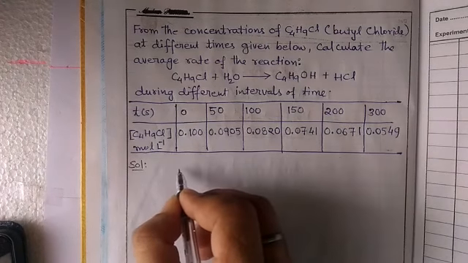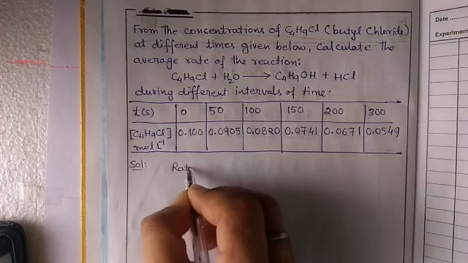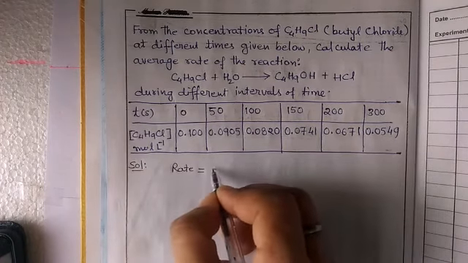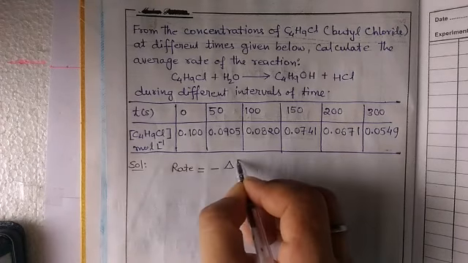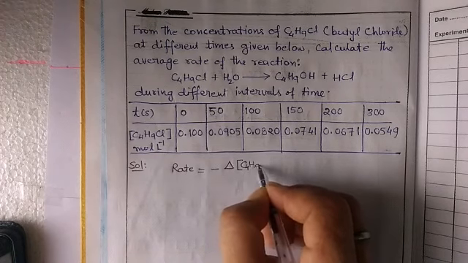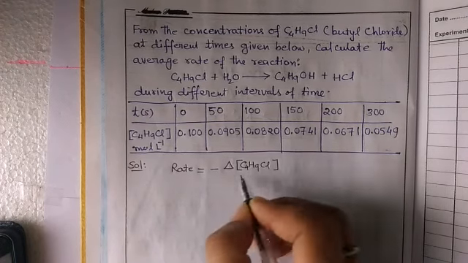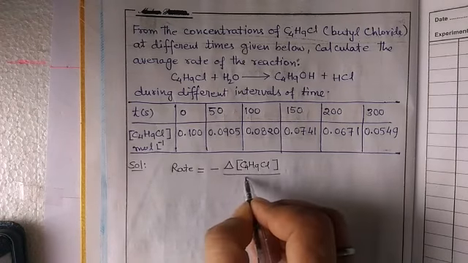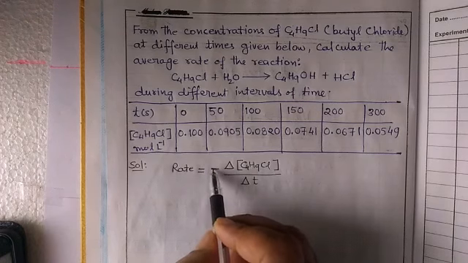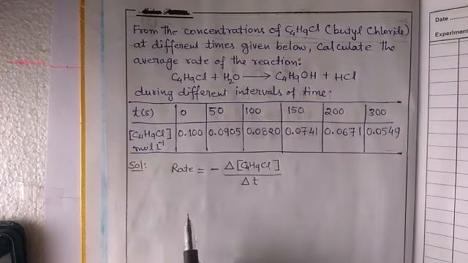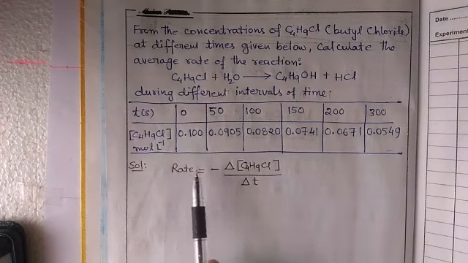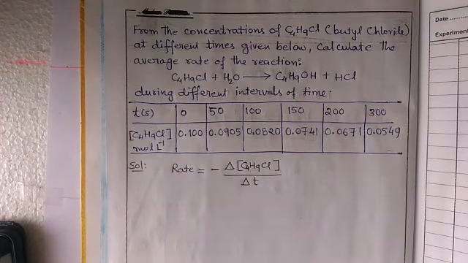It can be represented like this: rate of reaction or average rate of reaction is equal to change in concentration of butyl chloride, C4H9Cl, divided by time taken, or change in time. Now we know, because it is a reactant, therefore its concentration will decrease, so we have put negative in front of it.